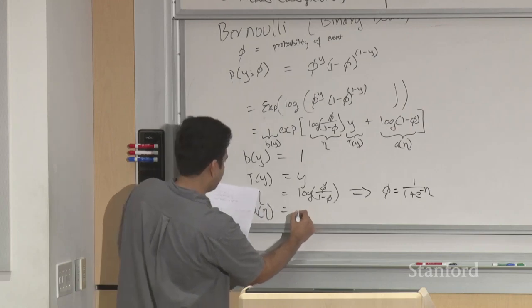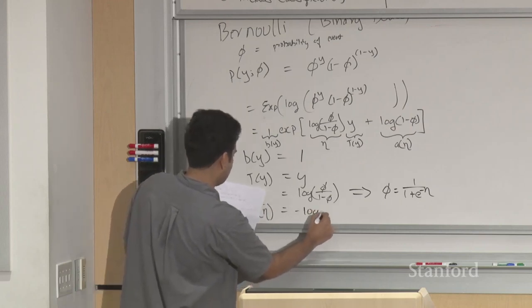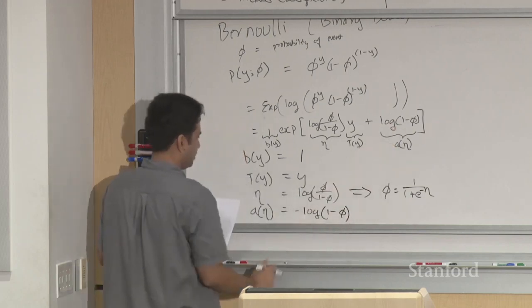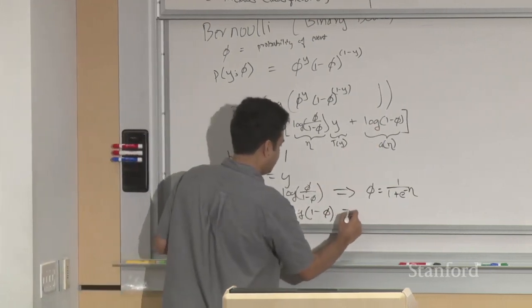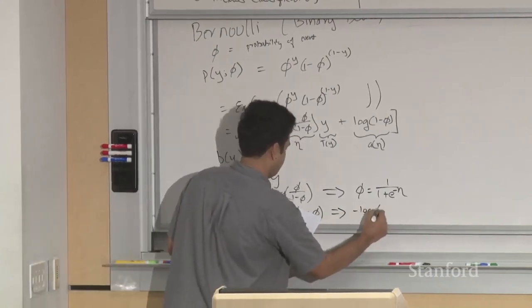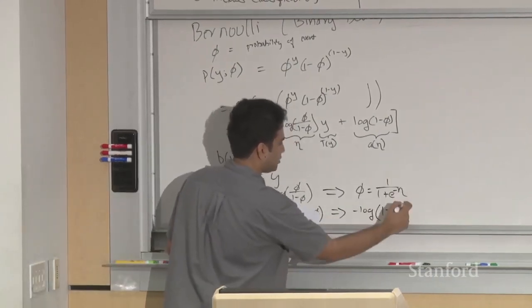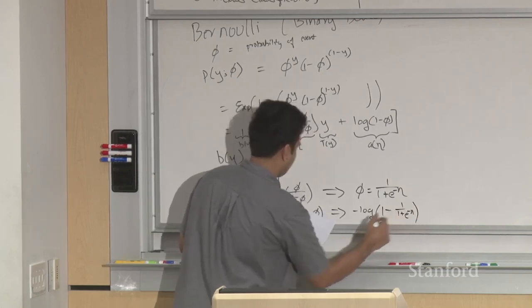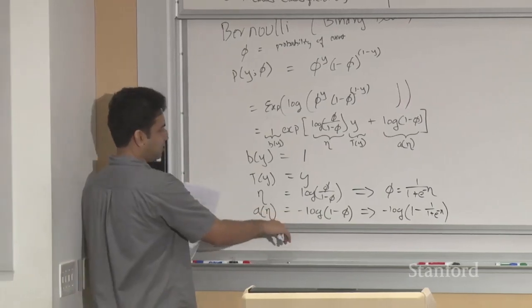So let me work out this. It's going to be minus log of 1 minus phi. I just did pattern matching there, and minus log of 1 minus this thing over here, 1 over 1 plus e to the minus eta. The reason is because we want an expression in terms of eta.